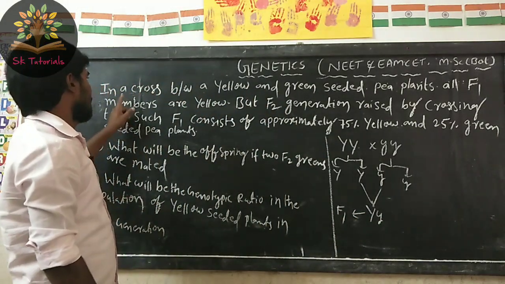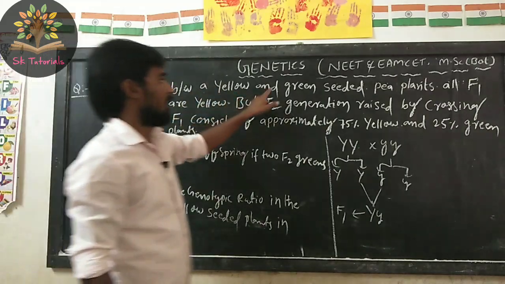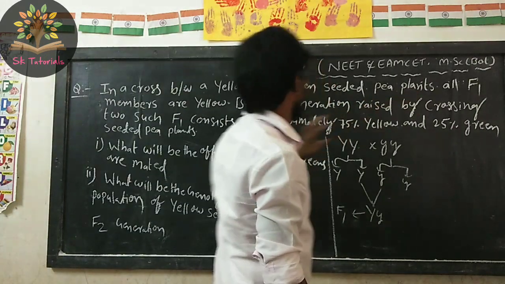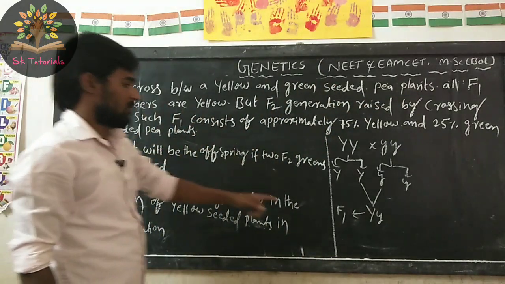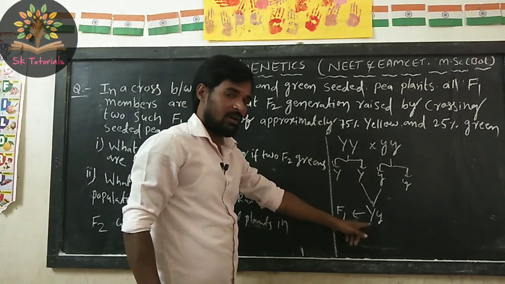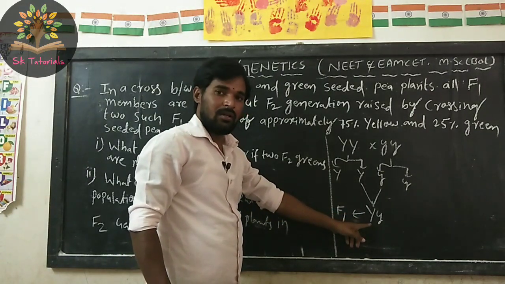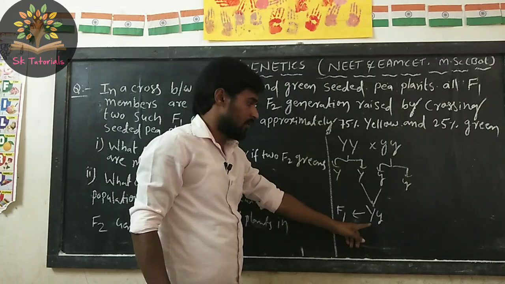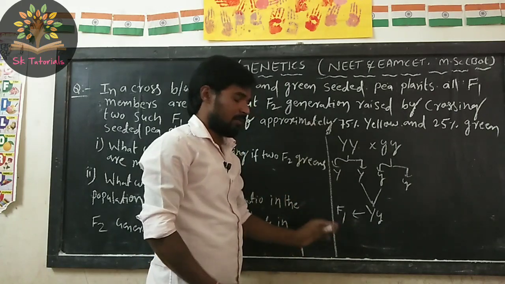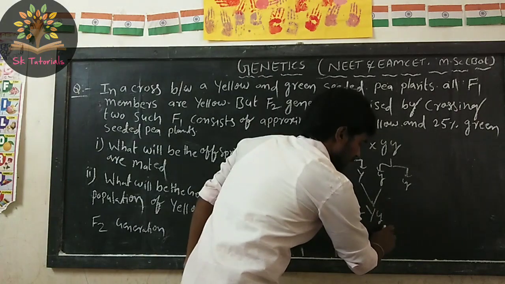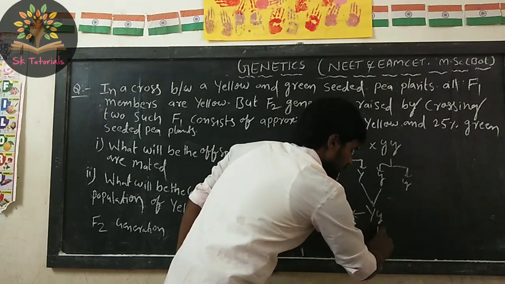What did he ask here? In a cross between a yellow and green seed pea plants, all F1 members are yellow. Here, in the F1 generation, all plants will be yellow. If we self-pollinate the F1 members, what happens in the next generation?